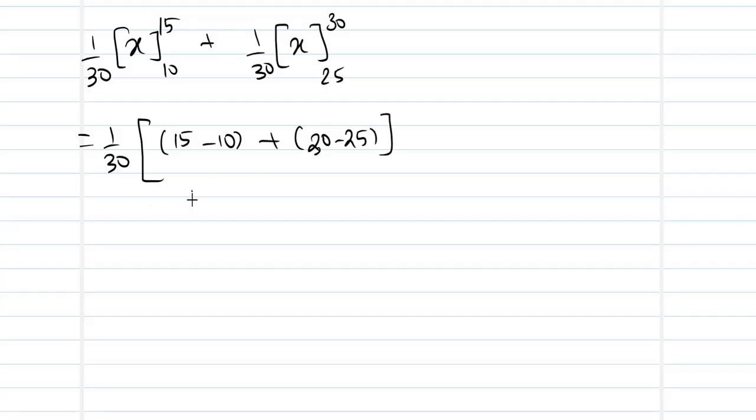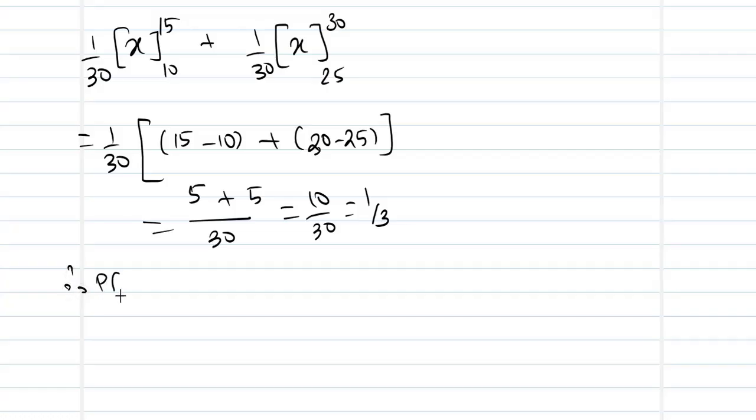So this is going to give me 5, and 5 divided by 30 makes it 10 by 30, or the answer will be 1 by 3. So the probability that he waits for less than 5 minutes for the bus will be equal to 1 by 3. So this completes the first subdivision.